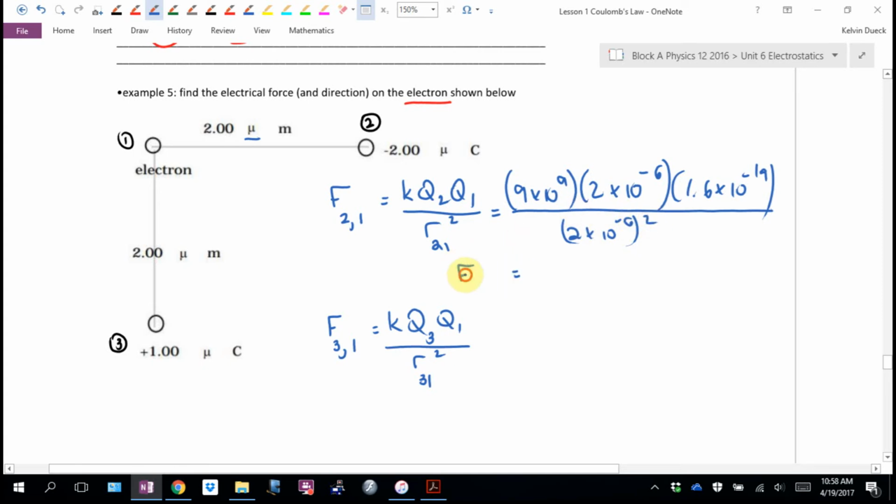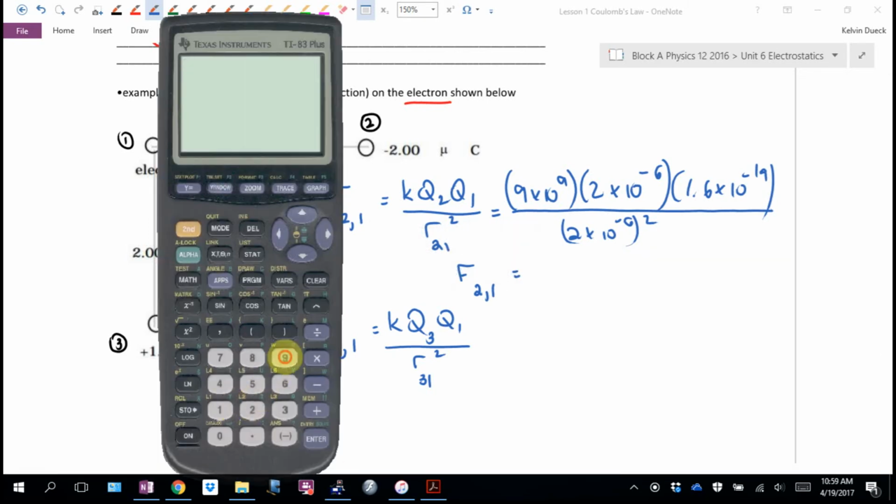How big is the force between charge 2 and charge 1? Well, really the force from charge 2 on charge 1. It might be worth practicing on your calculator. Do you get 7.2 times 10 to the negative 4?